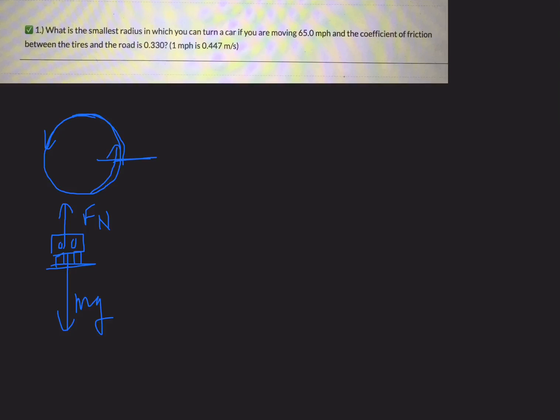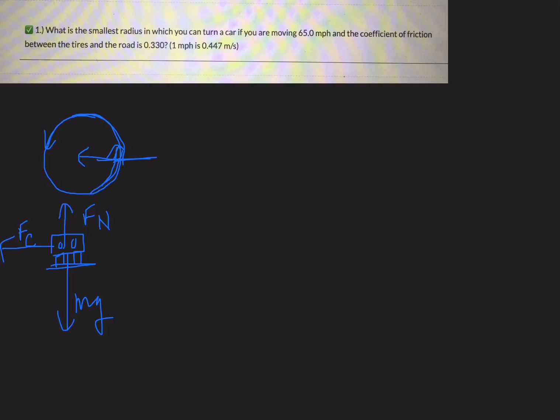So once it goes fast enough that friction's overcome, then it's going to fly outwards. So there's a centripetal force working inwards, going like this. Okay, that is Fc. That's centripetal force.